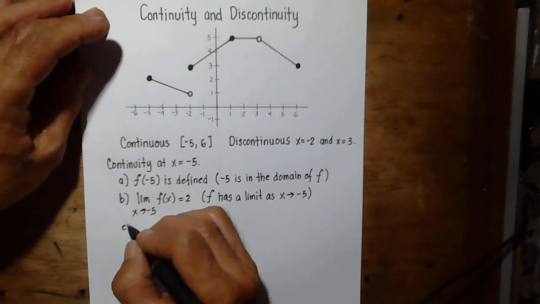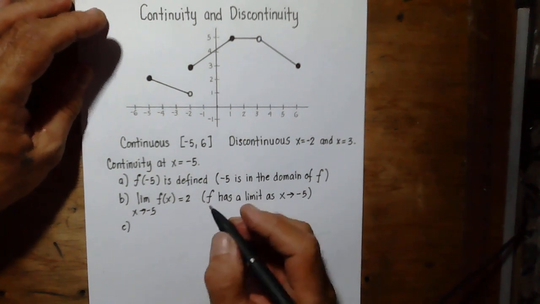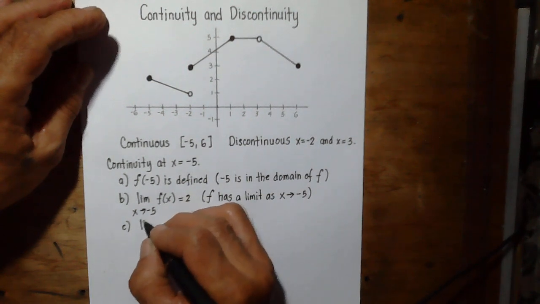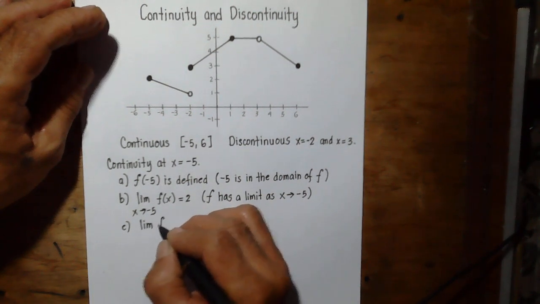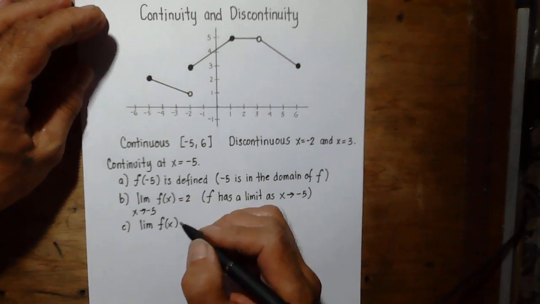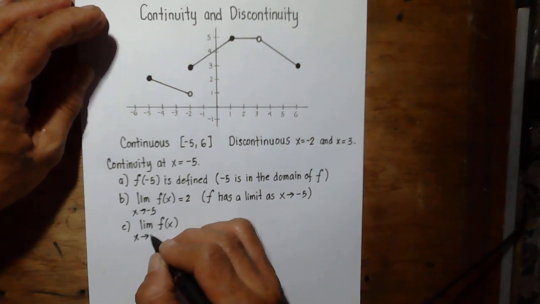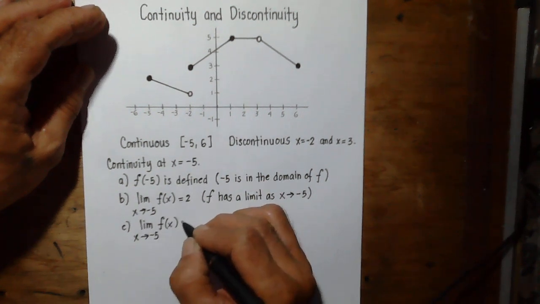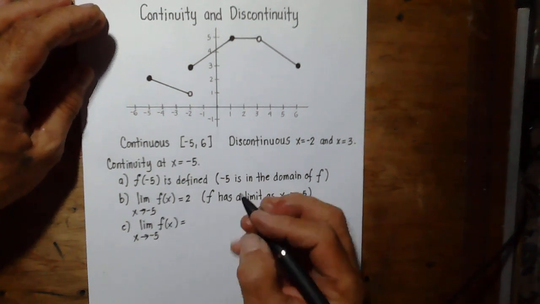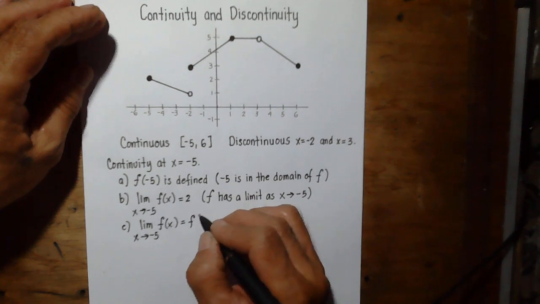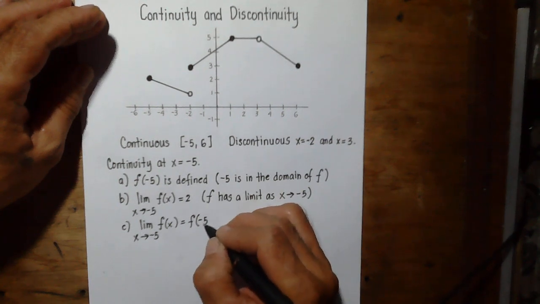Number 3, or we write C, the limit of f of x as x approaches -5 is equal to f of -5.